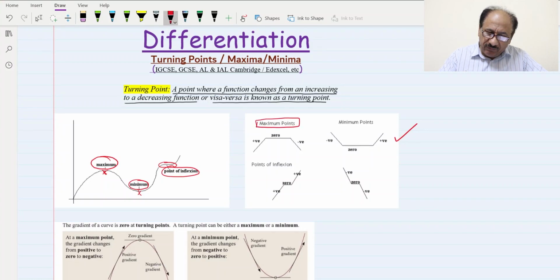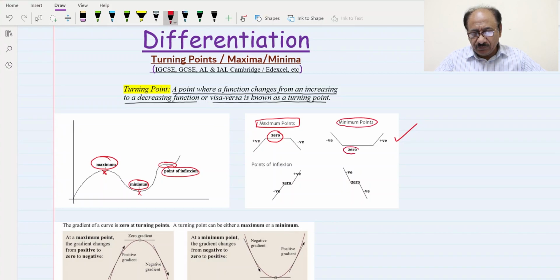A maximum point has a zero gradient. If you see, this is a maximum point which has zero gradient, and the minimum point also has zero gradient. But the difference is in the gradient to the left and right of the zero.